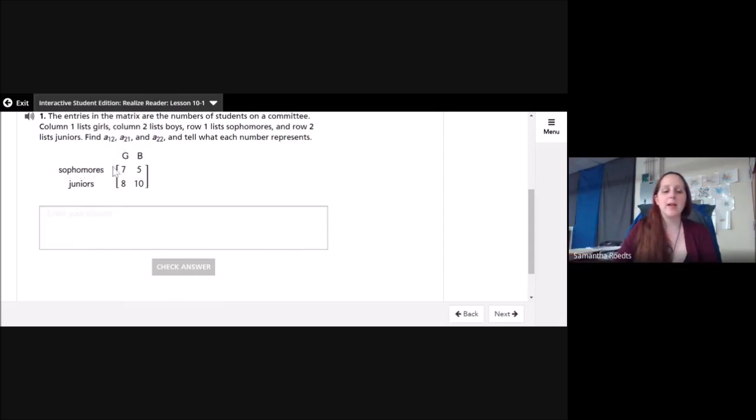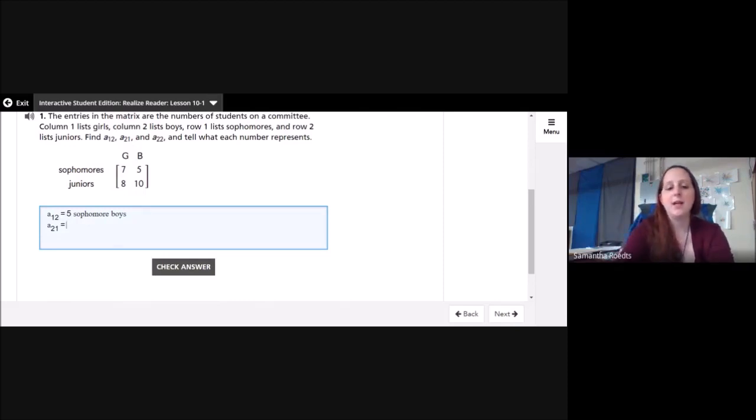My first row is sophomores, my second column is boys. So A sub 1,2 equals 5 sophomore boys. A sub 2,1 is my second row, first column, 8 junior girls, and A sub 2,2 equals 10 junior boys.